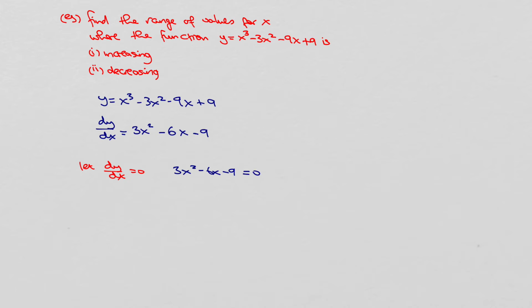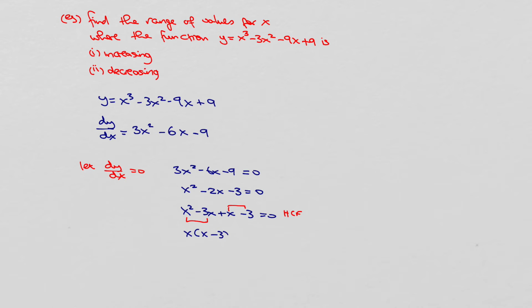Now that this is equal to 0, I can divide across by 3 and solve my quadratic. The factors that multiply to give minus 3 and add to give minus 2 must be minus 3x plus x. If I group the first two and take out the highest common factor, and group the second two and take out the highest common factor, that leaves me with x minus 3 and x minus 3.